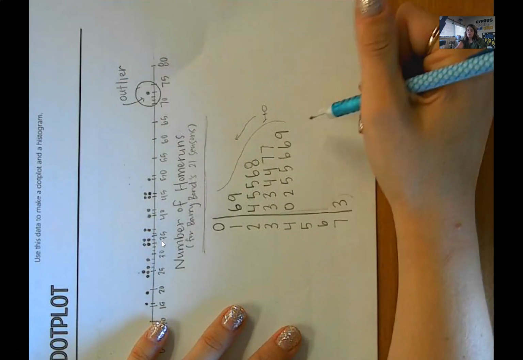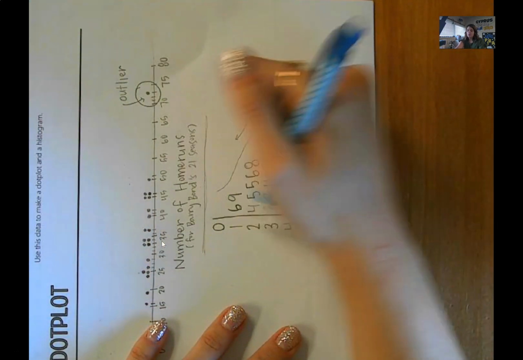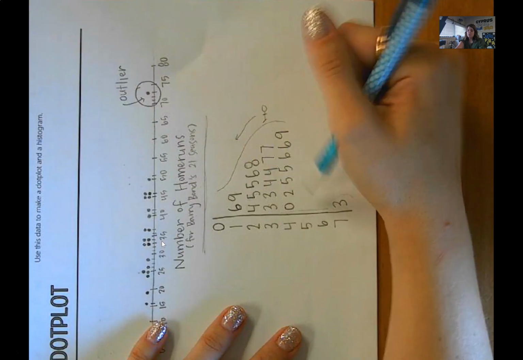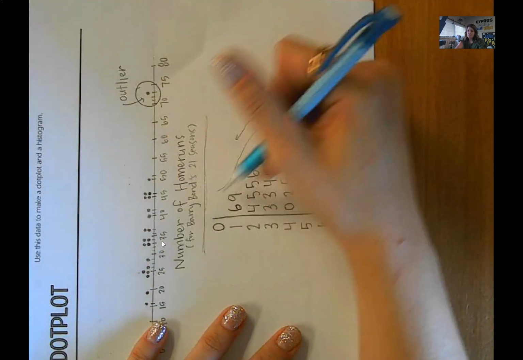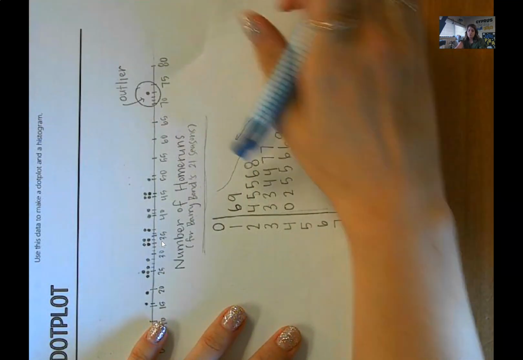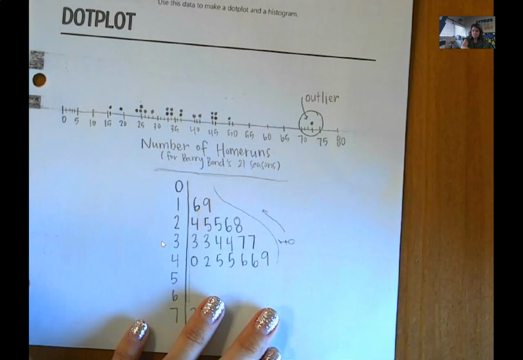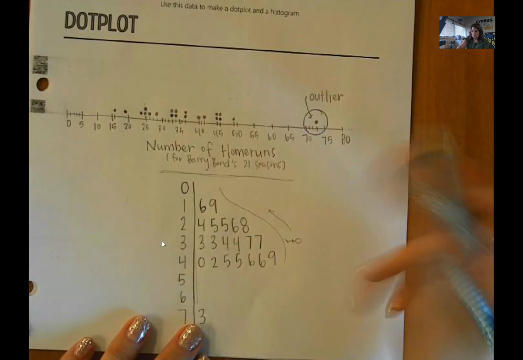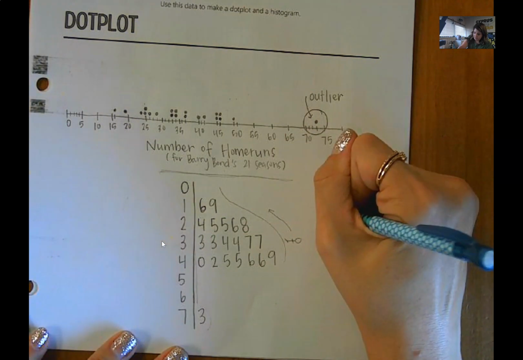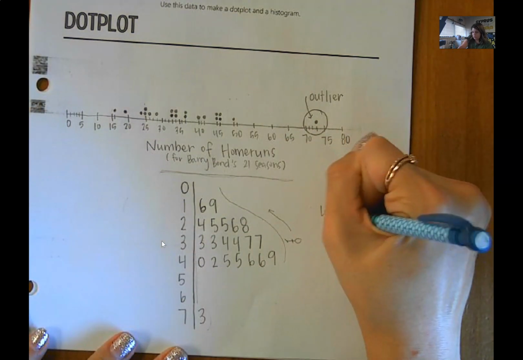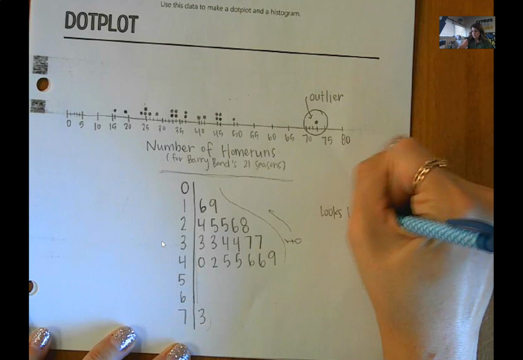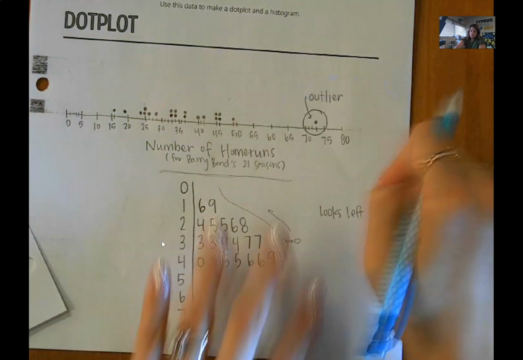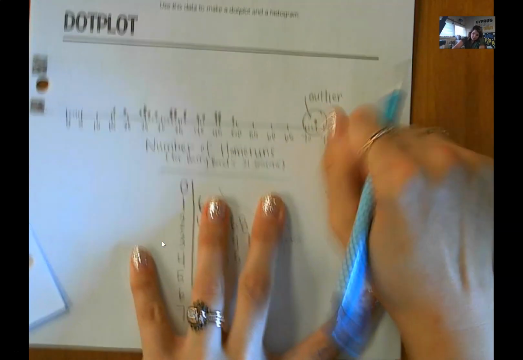Anytime you have a stem plot, you do need to turn your stem plot like I have it so that you can see the shape of the data. So if I turn it back right side, I'm going to note here that I think that this looks left skewed, especially without that outlier.